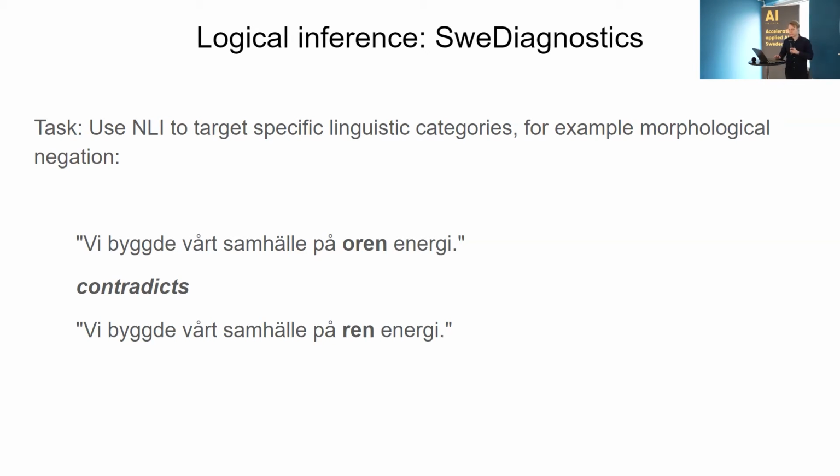So in this case, it's unclean and clean: we built our society on unclean energy would contradict we built our society on clean energy. The only thing that's differing between these 2 sentences is the morphological negation expressed in the morphology of the word unclean.